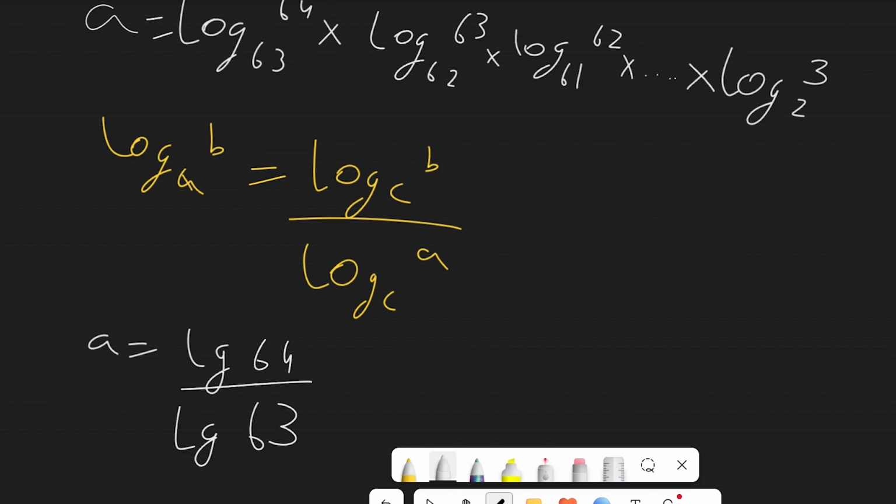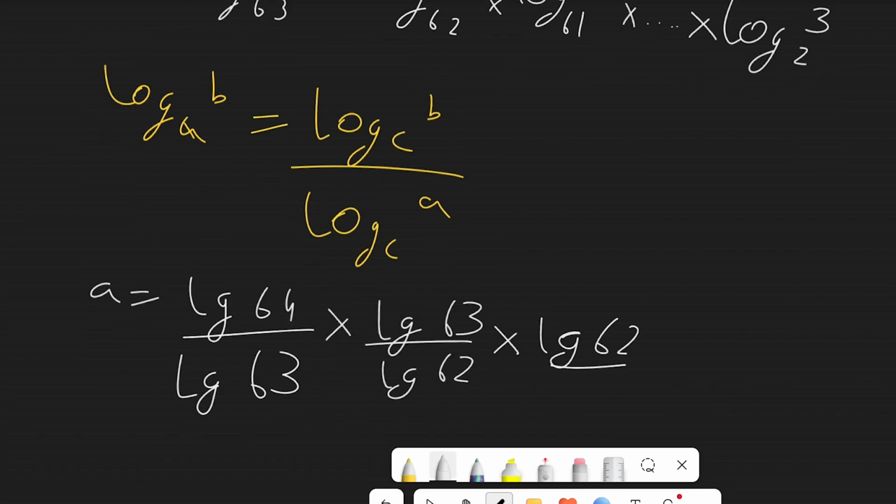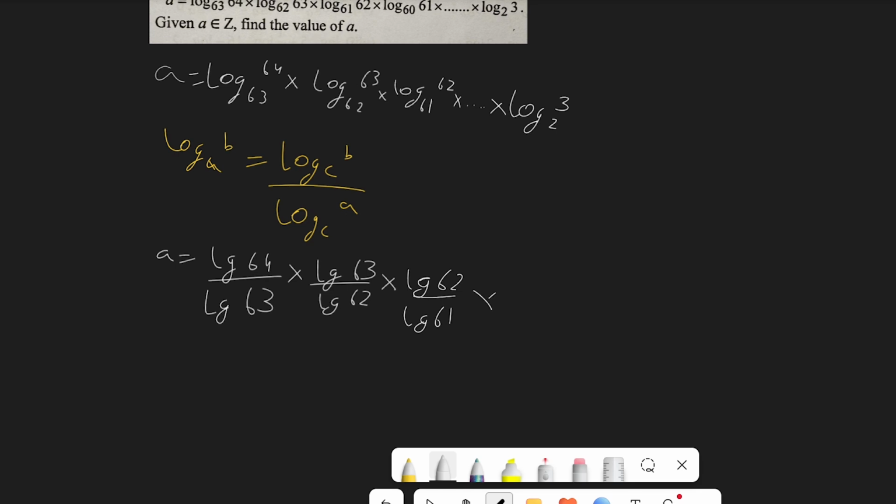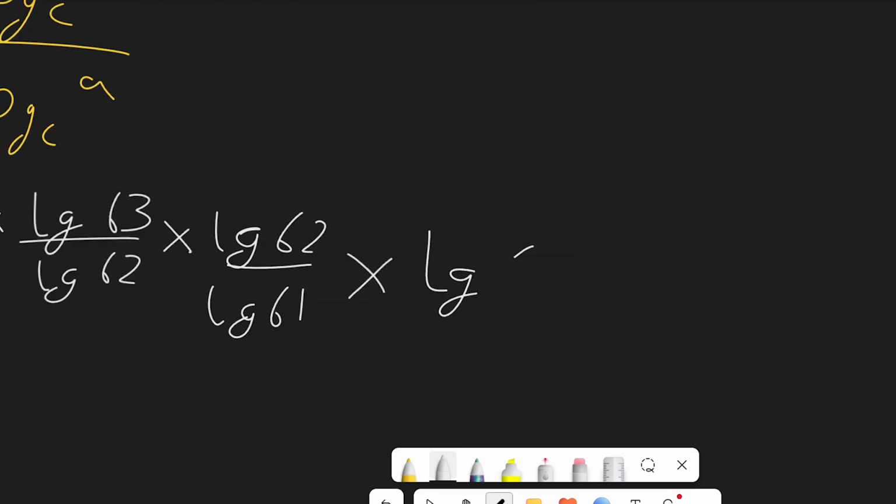Then we would have LG63 over LG62 times LG62 over LG61, and then times LG61 over LG60.